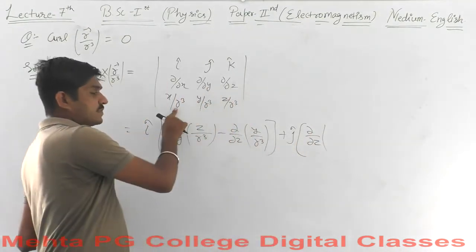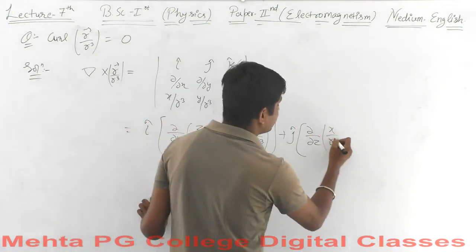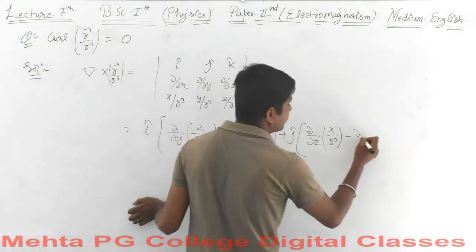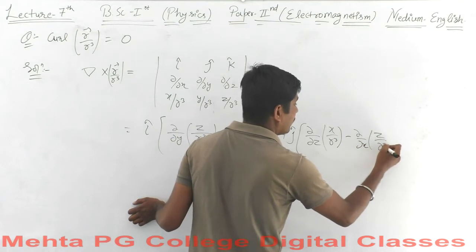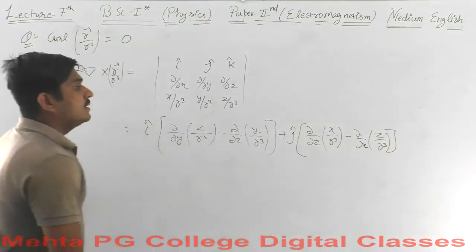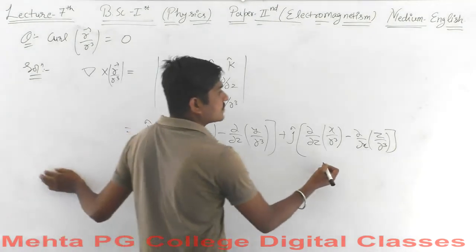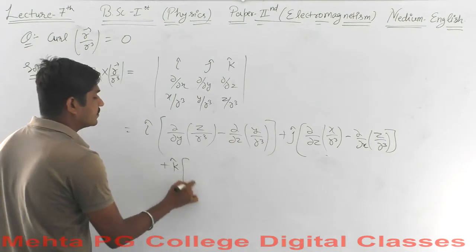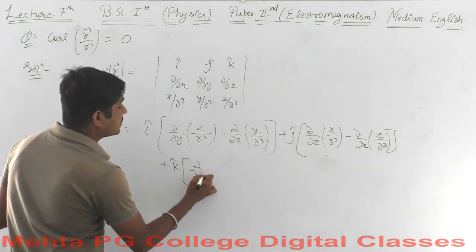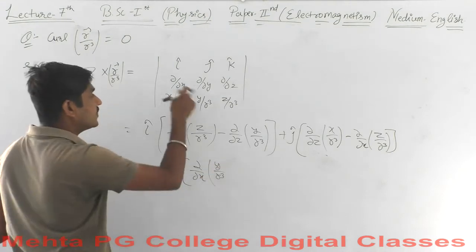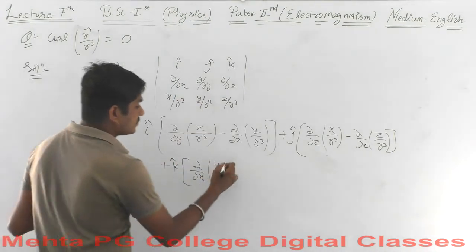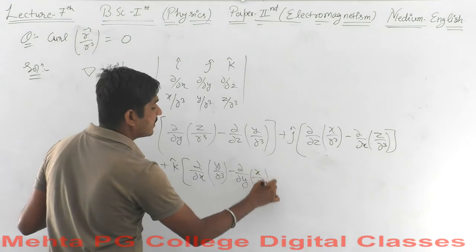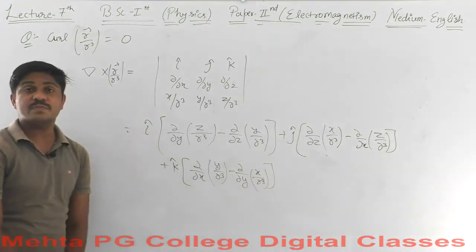Curly over curly z, x over r cube, minus curly over curly x for z over r cube. Again plus k cap, let me write it here, curly over curly x, y over r cube, we will follow the same order, minus curly over curly y, x over r cube. Okay.